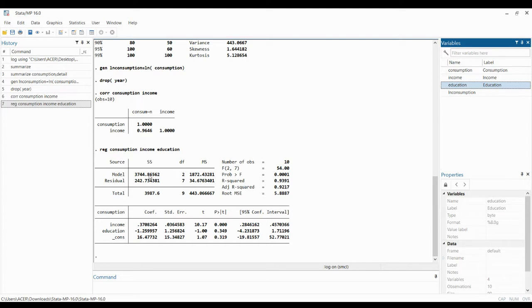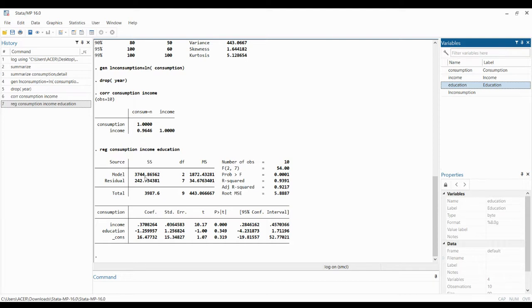Then we are getting the estimated sum of square or explained sum of square, which is 3744.86562, and the residual sum of square is 242.734381. Now if we add these two, the estimated sum of square and the residual sum of square, then we will get the total sum of square.